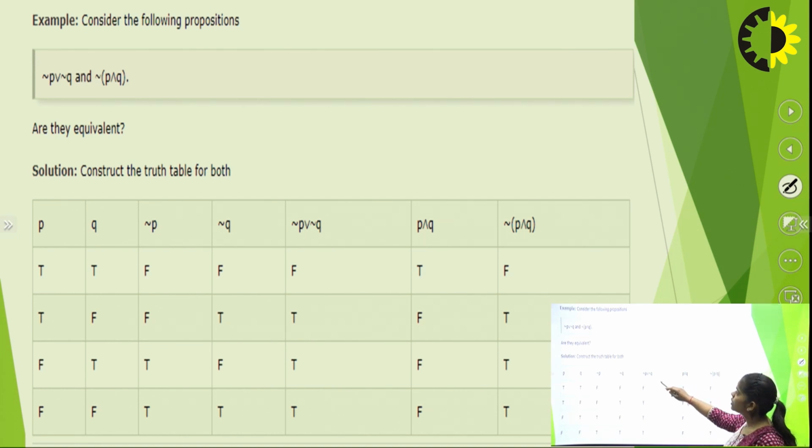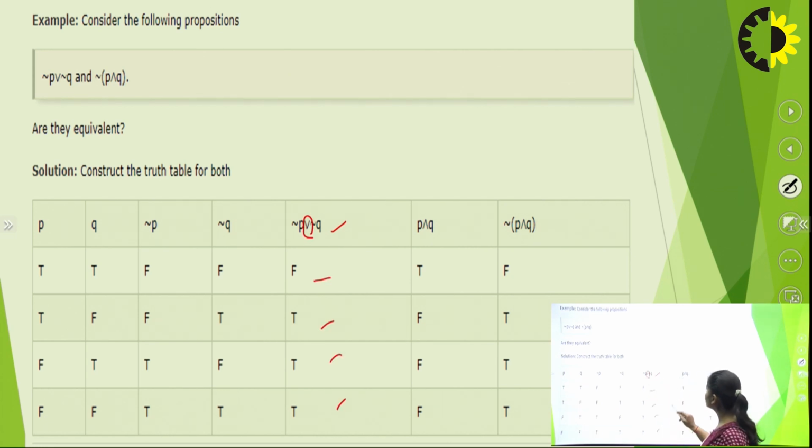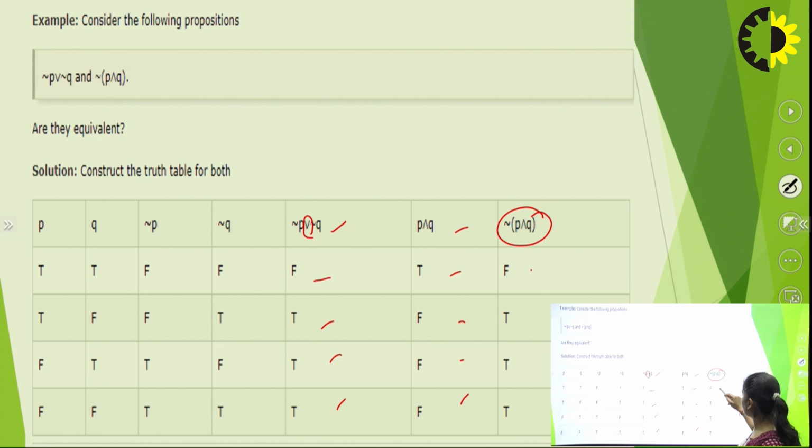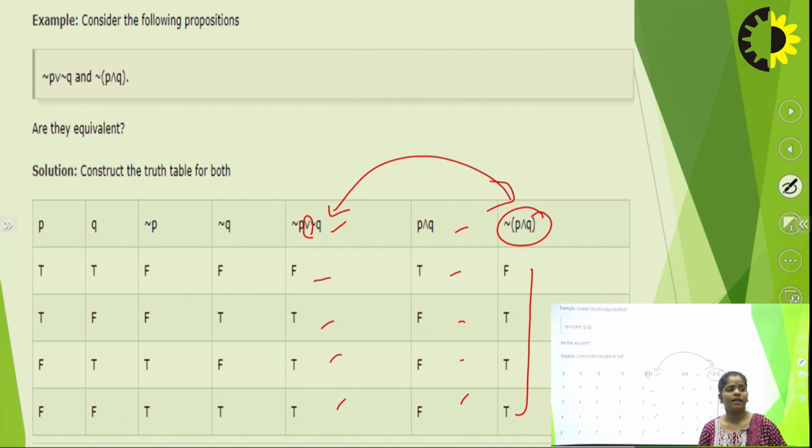Here I find not of P or not of Q, and not of P and not of Q. By doing OR we get these values, but in case of AND we get this value, and by taking not of this AND we get this value. So these two are equivalent to each other, as I get false, true, true, true. So we can say that they are equivalent in nature.